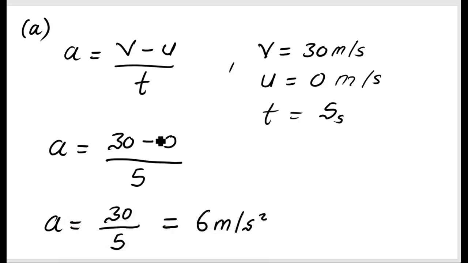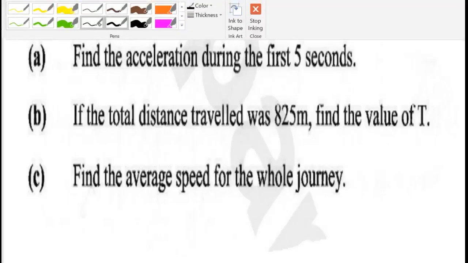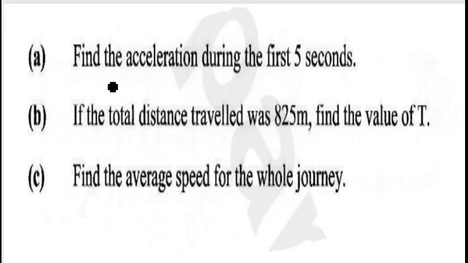So that is how you are supposed to answer the first question. When given the time, our acceleration, we have found it. The acceleration is 6 meters per second squared. That was the acceleration in the first 5 seconds.